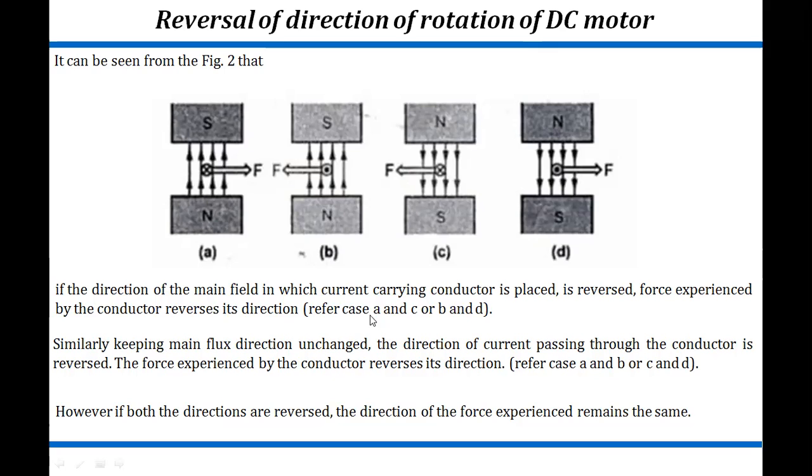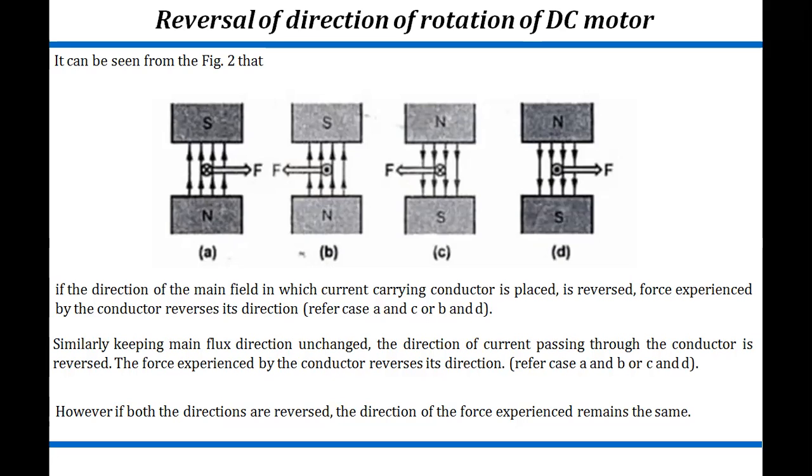You can refer to cases A and C, or B and D. You can see here A and C both have opposite forces when we give the positive supply and when we give the negative supply. And B and D also have forces in the opposite direction.